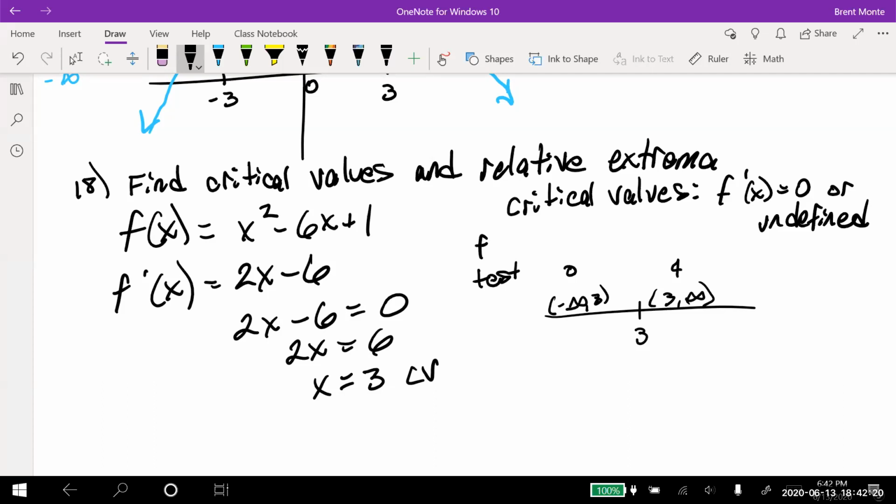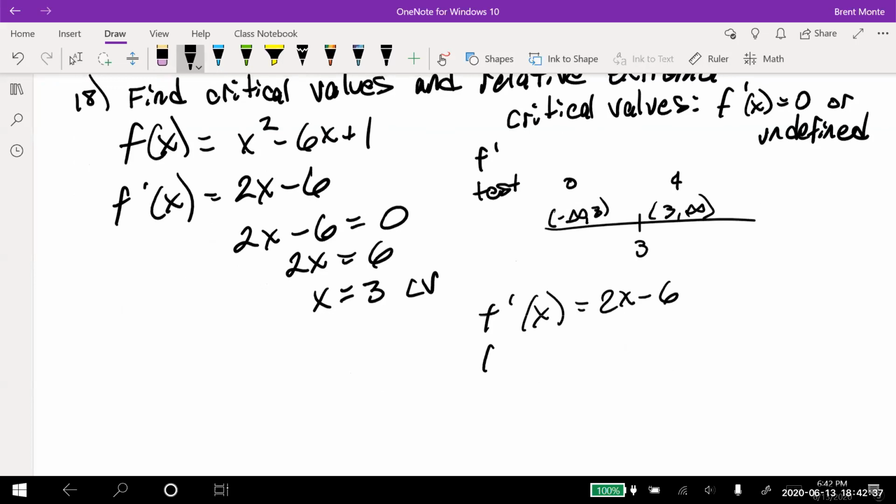That's what we're going to do. We're going to plug it into the derivative. Notice the derivative was just 2x minus 6. I'm usually just going to do this piece in my head, but I'll show you for this first time. f prime of 0 is 2 times 0 minus 6, which is negative 6, which is less than 0. I just like to say, oh, look, it's negative. So the derivative's negative.